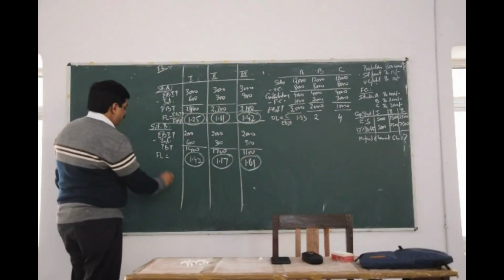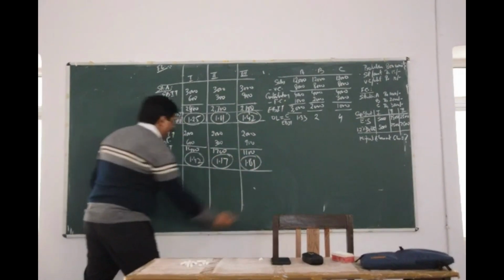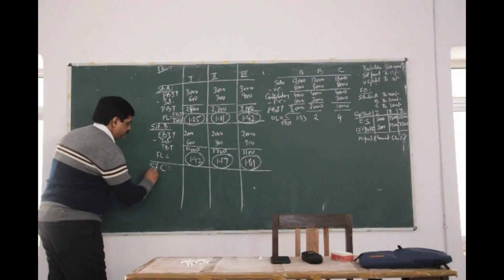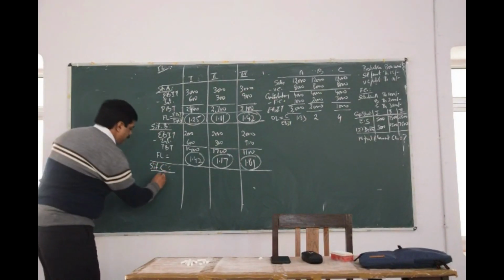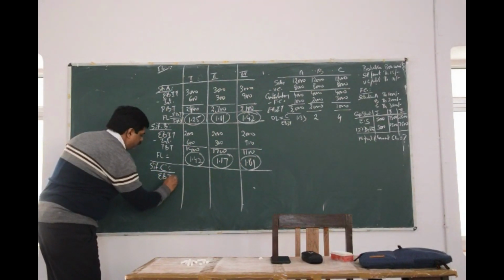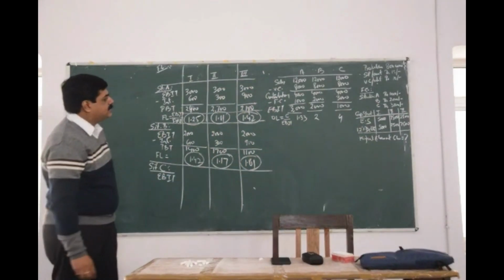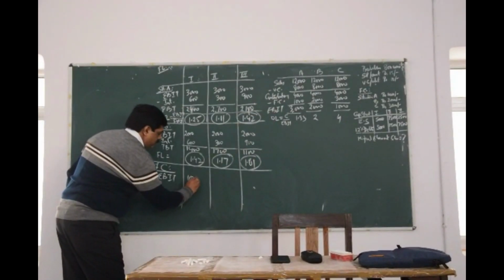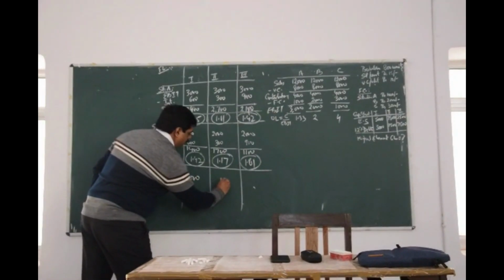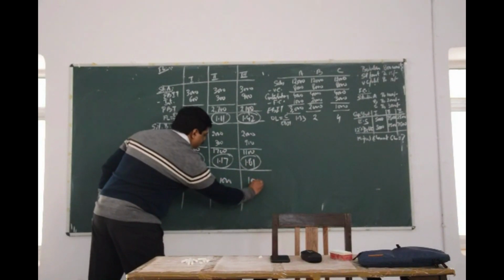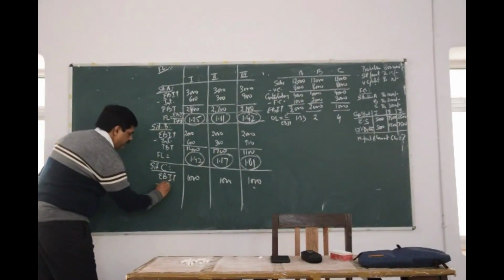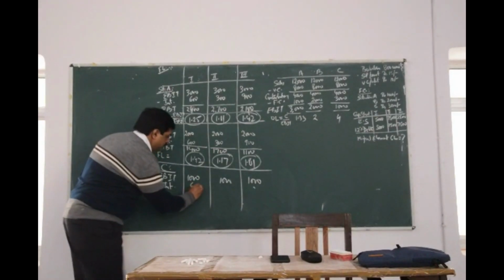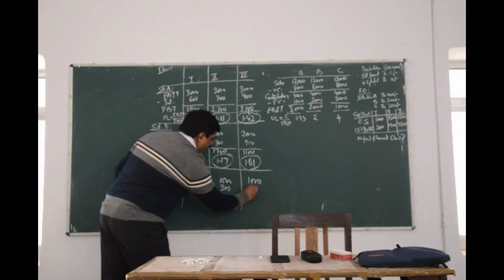In the same way, we make an effort to calculate for situation C. EBIT for situation C is 1,000, 1,000 and 1,000, minus interest. Interest we are having 600, 300 and 900.